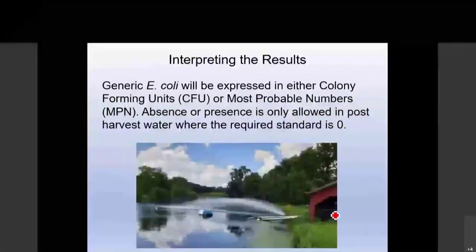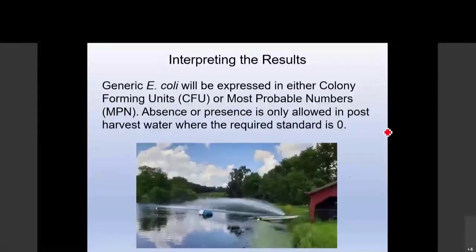So now you get the results back. Your results for your generic E. coli levels are going to be expressed in either colony forming units, CFUs, or most probable numbers, MPN. You're going to want to have a number for that.